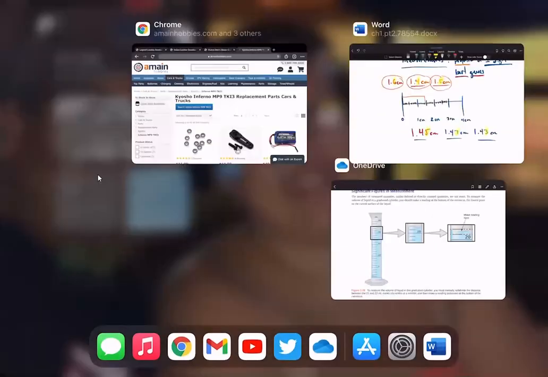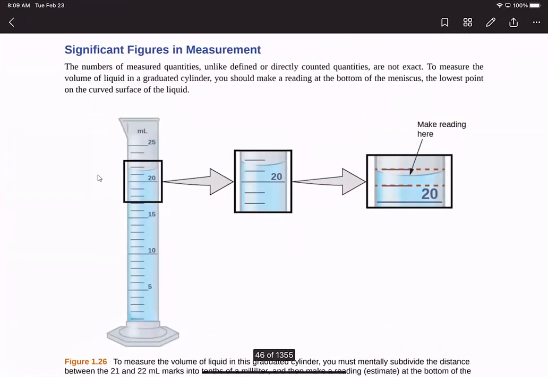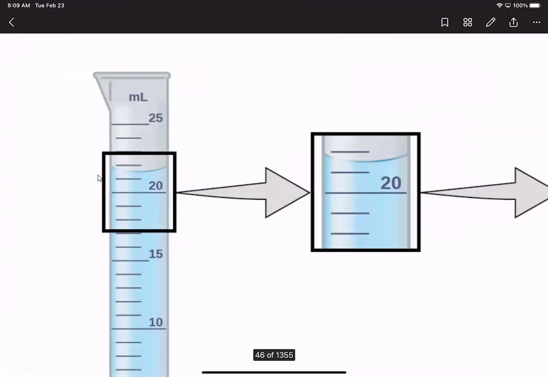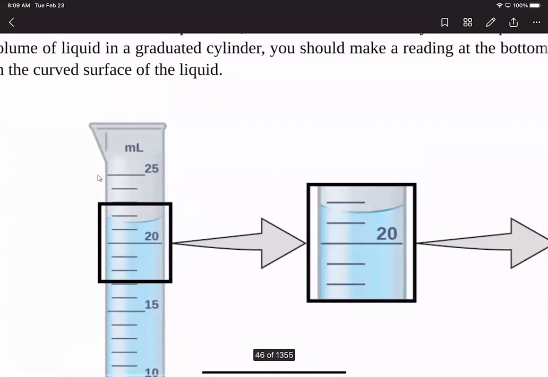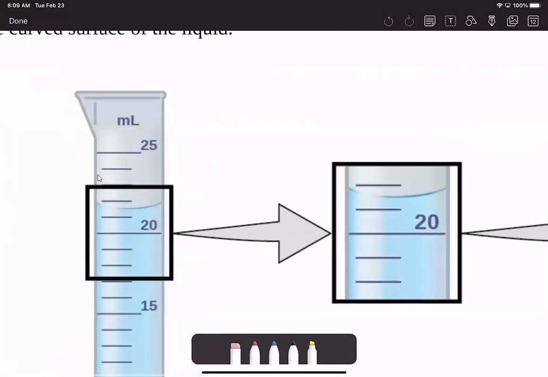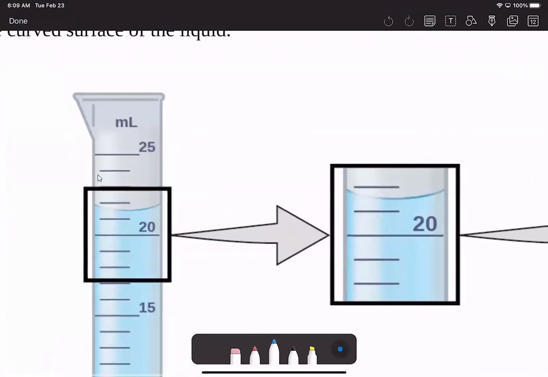I think the book might show you some as well. So here, if we're looking at this measurement, we can't just simply say that it is 21 milliliters, because as we can see, here's 21, here's 22, and it's right in between there, right?